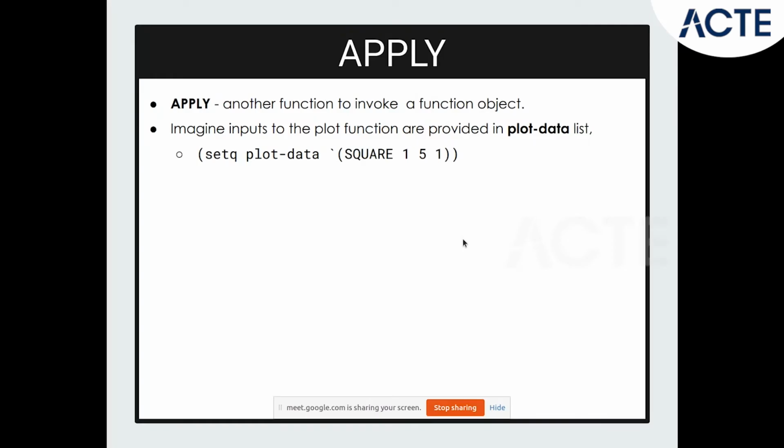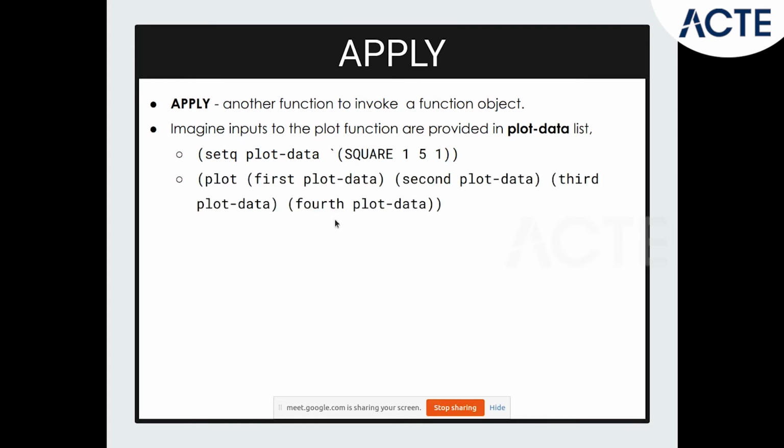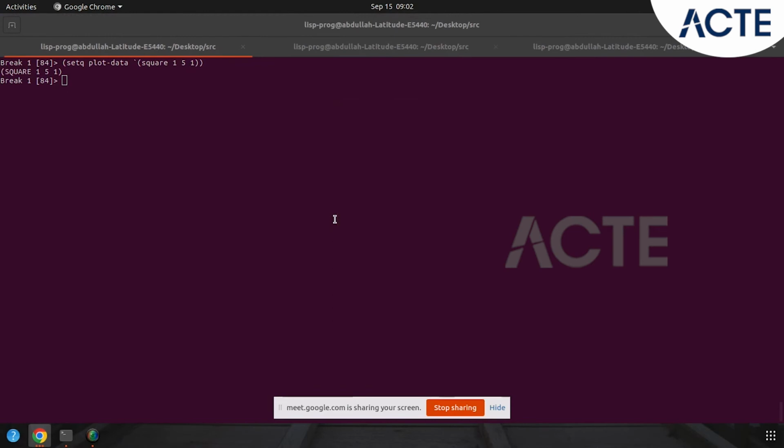So the plot data list has the inputs to this thing. If I have set plot data and I want to invoke it, I can do this now.